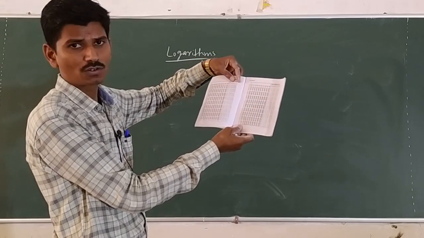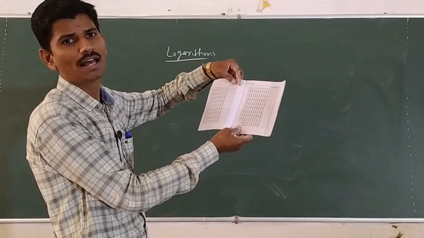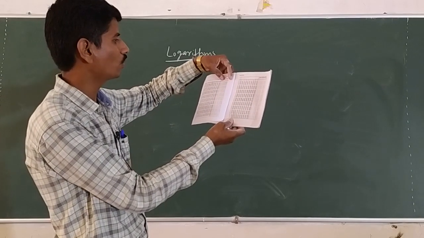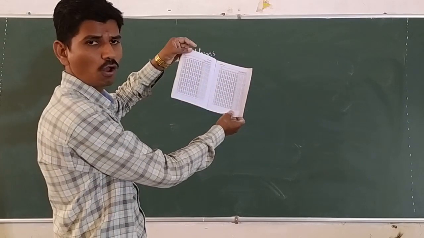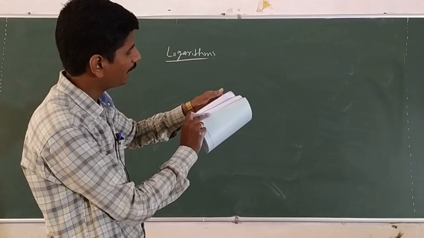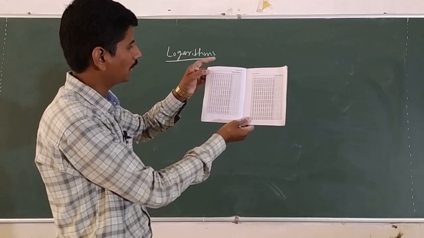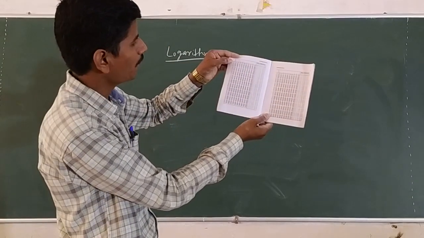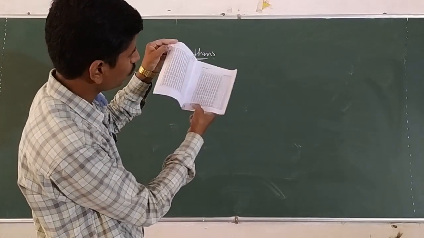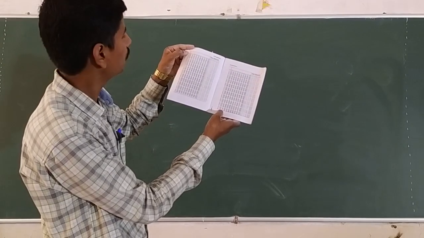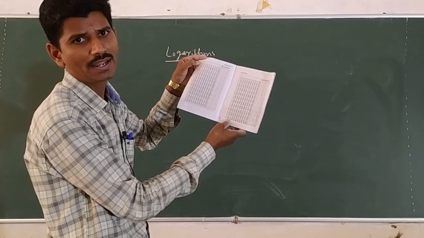And the last column is the mean difference column, which takes the values 1 to 9. That is the logarithm table. And the anti-logarithm table starts from 0.002 to 0.99.